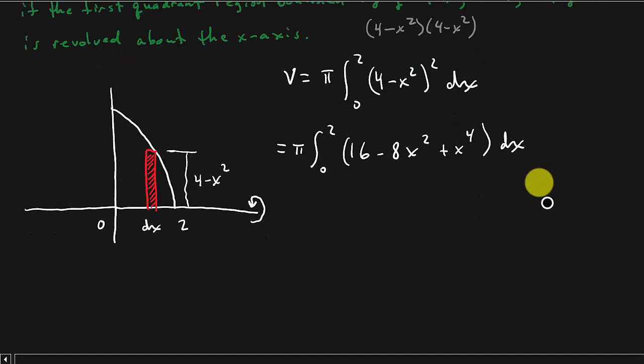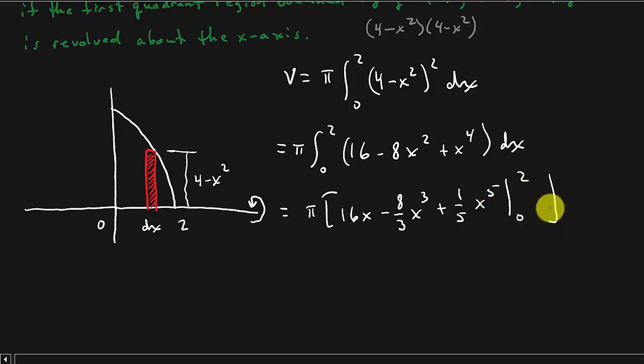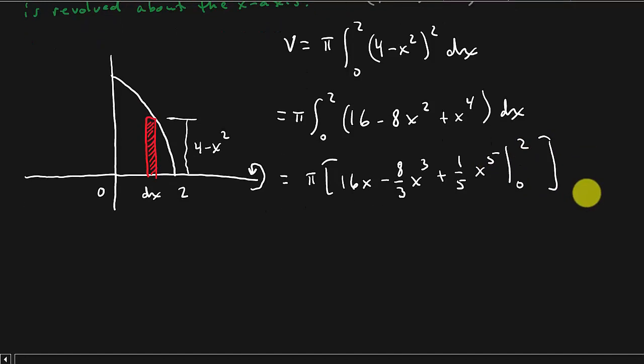All right, so let's go ahead and integrate it. So I got pi times 16x minus... I'm sorry, that's not right. That should be 8/3 x cubed, plus 1/5 x to the 5th, from 0 to 2. All right.